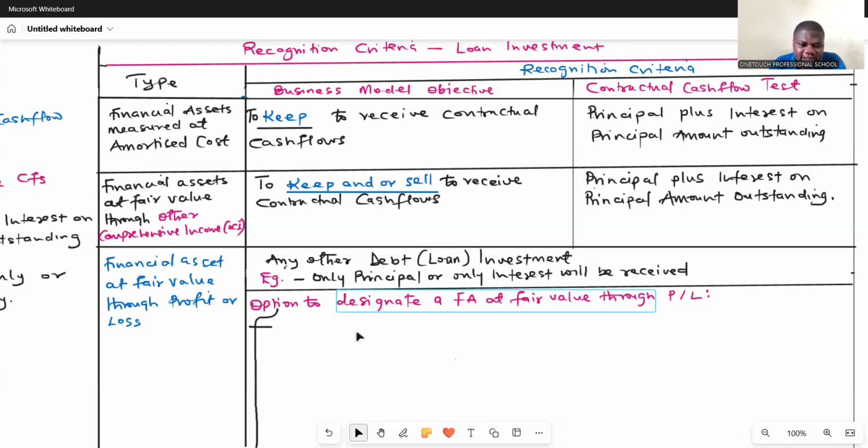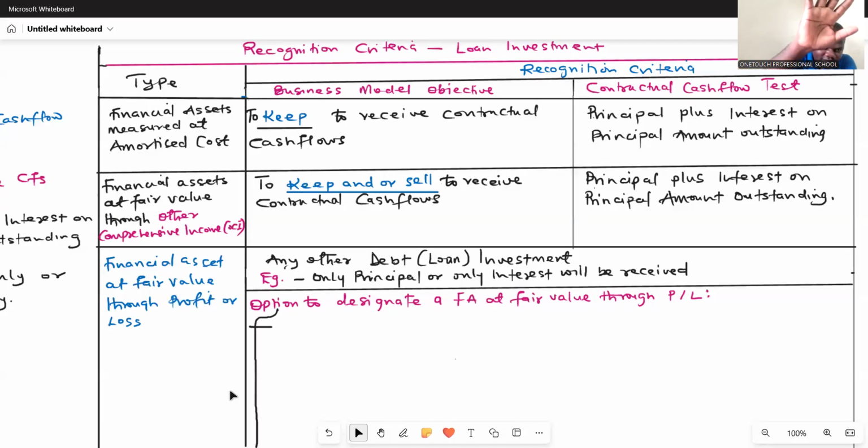Once you recognize a financial asset at fair value through P&L, by virtue of an option to designate, that is by virtue of you designating it to P&L, then you cannot change your mind. It cannot be reversed. So whatever you said is okay, just the OCI part should be fair value through profit or loss.